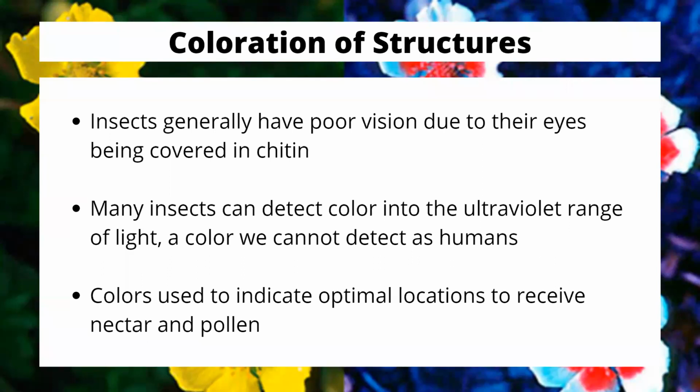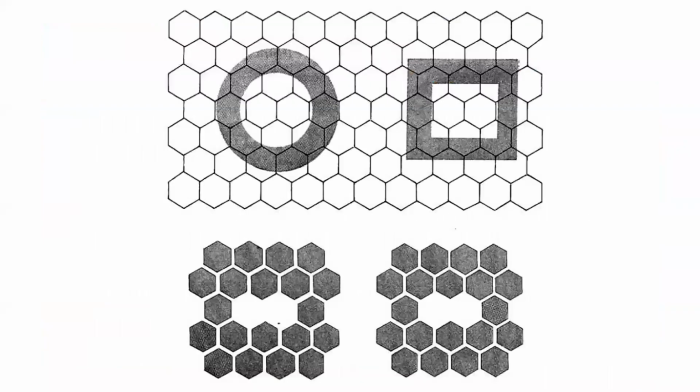Now, insects can see into the ultraviolet range, and this is going to be very typical in all of our pollinators. So they're picking up that extra bit of light. Now, the color is going to indicate those optimal locations that the insect wants to find, but they need help. So for example, if we use this image right here, the top image is what you and I would see if we were looking through faceted eyes.